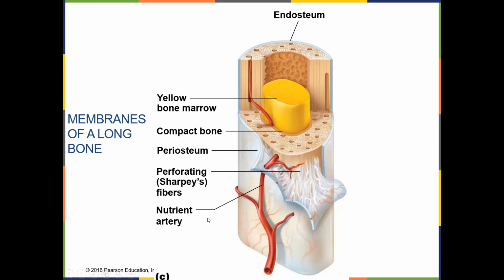Now here's what the periosteum looks like. This is the periosteum right here. The outer layer is made up of Sharpey's fibers. The outer layer holds blood vessels and nerves that go into and out of the bone. That happens all the time. We have lots of foramina in our bones so that these blood vessels can go in. Bones are not solid, as we know from looking at the skull, for example.